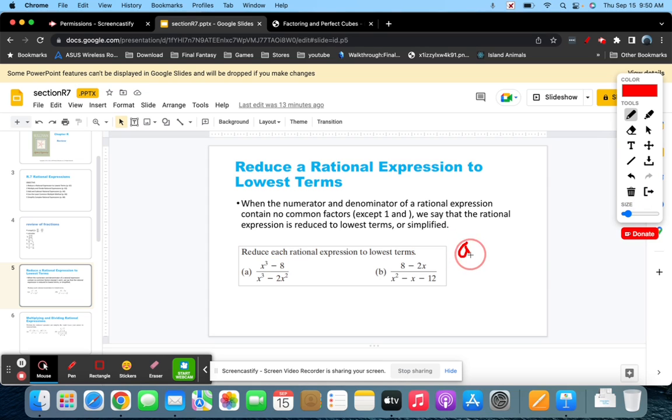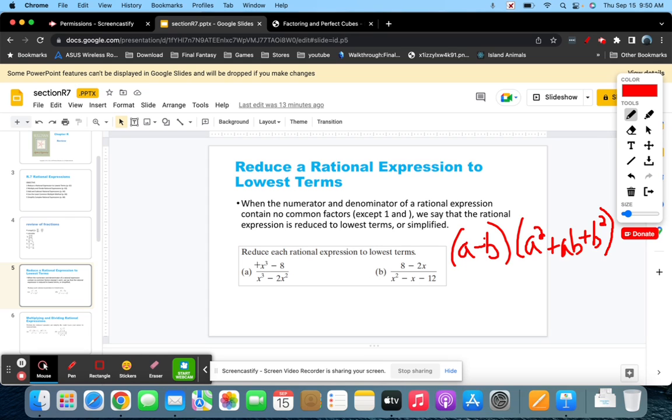It's written as a minus b times a squared plus ab plus b squared. Okay, that is the formula for perfect cubes and breaking them down into pieces.